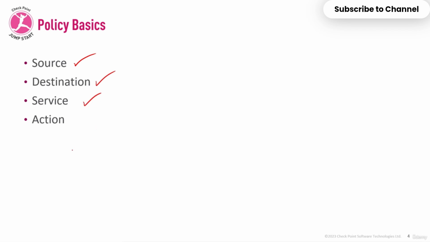So for example, I can say any traffic coming from any destination can be my DMZ, for example. Service can be FTP. So whenever traffic comes in and we can match it to a rule with these categories, we have an action. The action can be drop or accept.